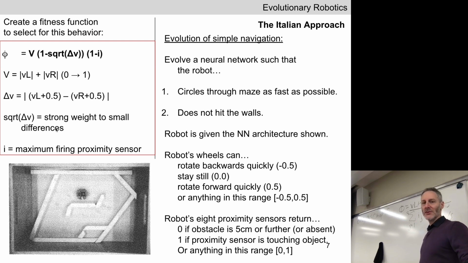I'm giving you a very strong hint here. Why didn't they just create a second term that was 1 minus delta V? Why 1 minus the square root of delta V?